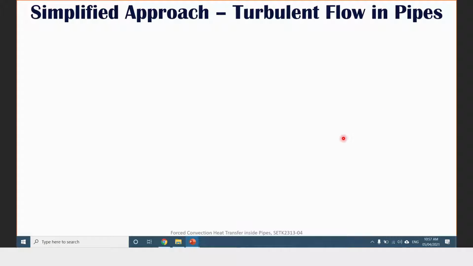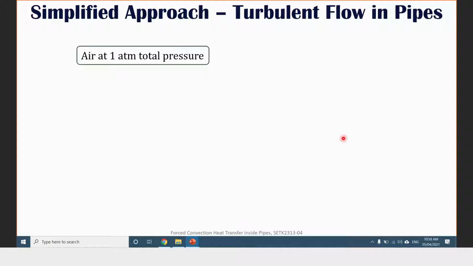But if we fulfill other conditions, we can actually simplify the calculation a little bit more. This is only for turbulent flow in a pipe.